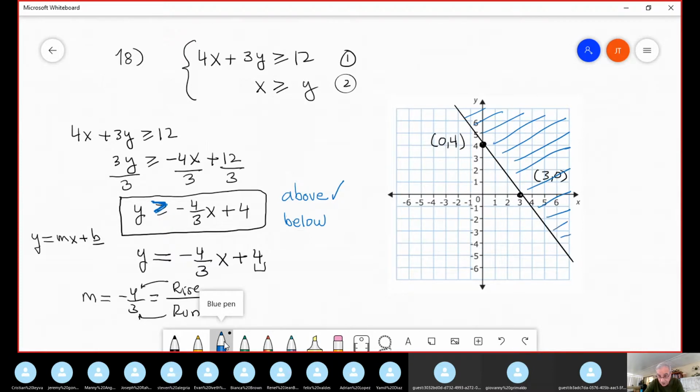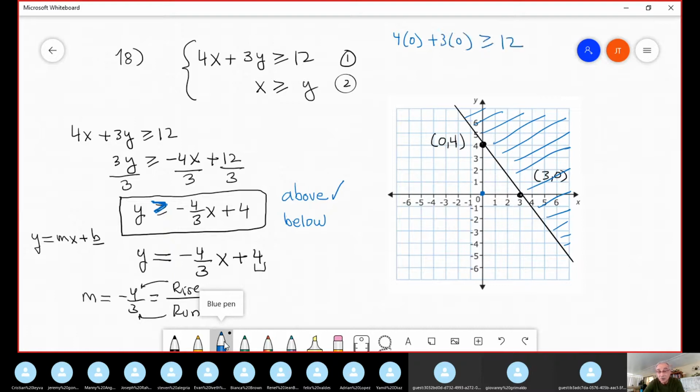Another way is using a testing point. The famous testing point is the origin, (0, 0), because it's easy. You plug it into the inequality: 4 times 0 plus 3 times 0 should be greater than or equal to 12.